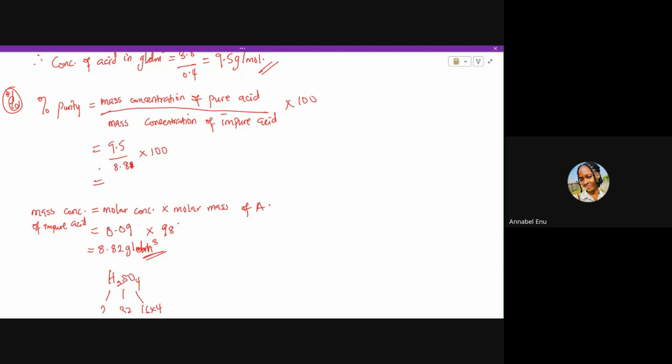So what do we get from here? We have 9.5 divided by 8.8. We have 9.5 divided by 8.82.